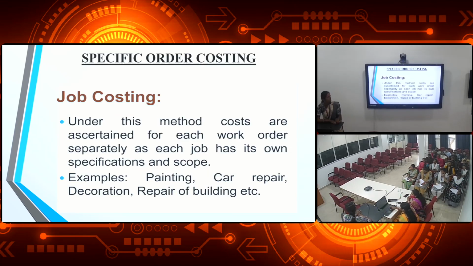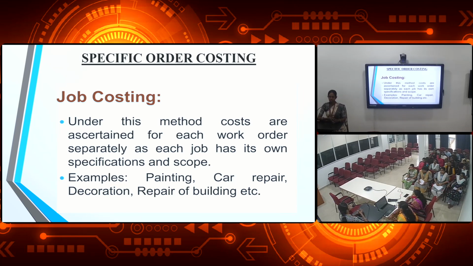First we are going to see job costing. Under this method, costs are ascertained for each work order separately, as each job has its own specification and scope. If we give a particular order to a particular company, or to an outsourcing company, there are differences in each and every operation, right?